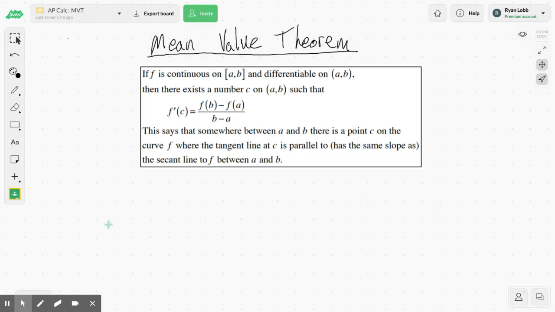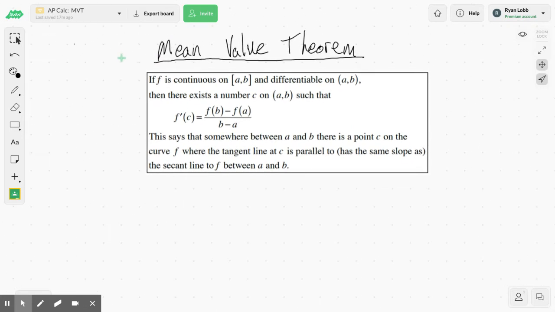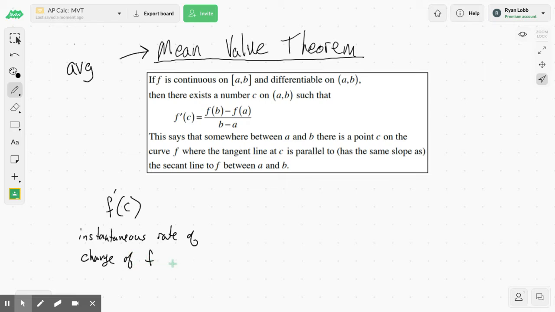So a couple interpretations we want to think about, but you've got to think mean, right? Mean is what? That's your average, right? So what is f prime of c? F prime of c is your instantaneous rate of change of f at x equals c.